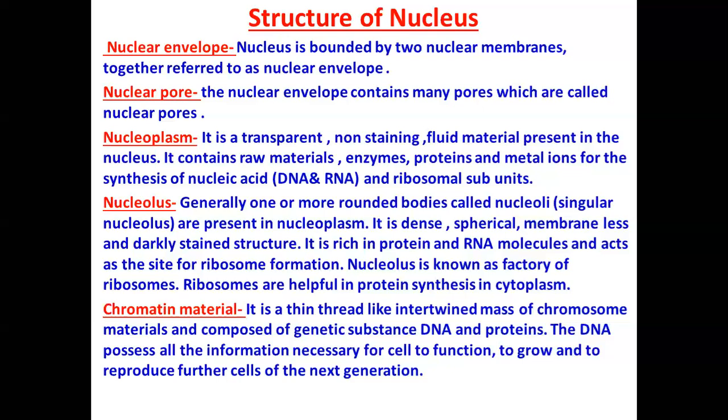Basically, chromatin material is a thin thread-like intertwined mass of chromosome. When the cell is not going into the division phase, this chromatin thread will be single, and when it goes for division, it will form a chromosome. That we will discuss in the next slide.